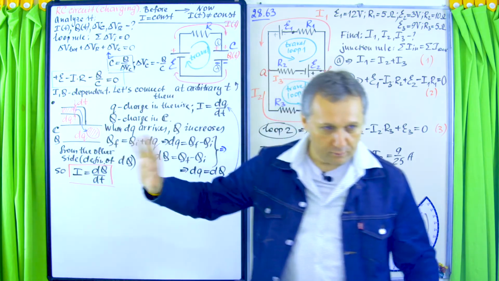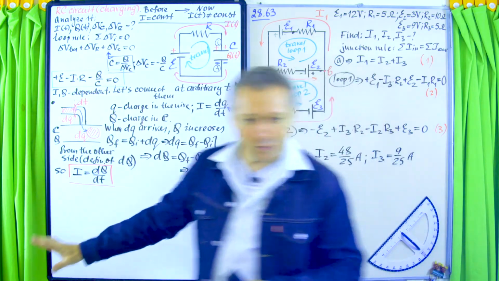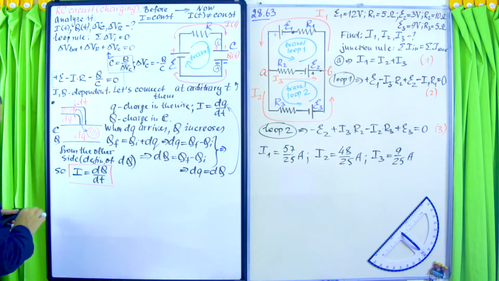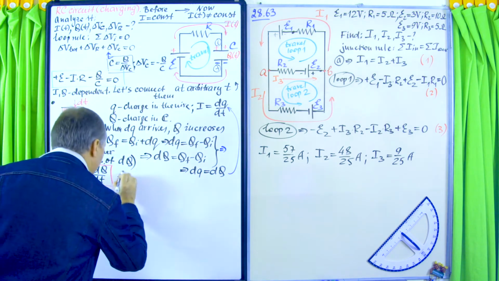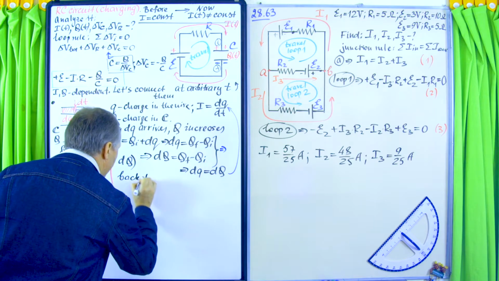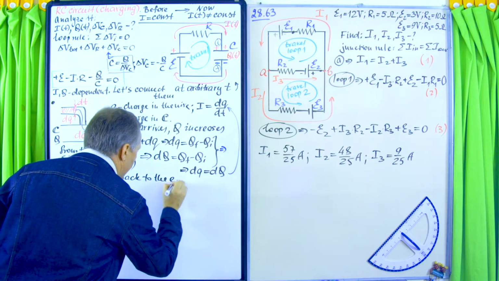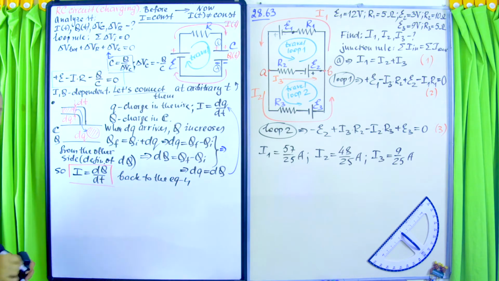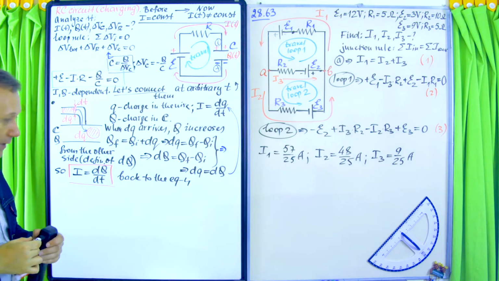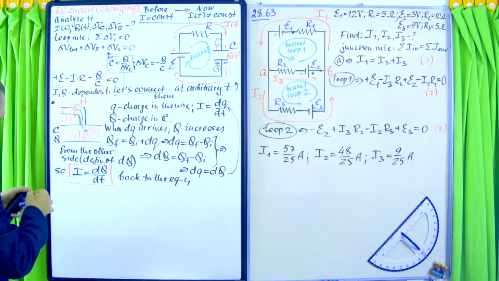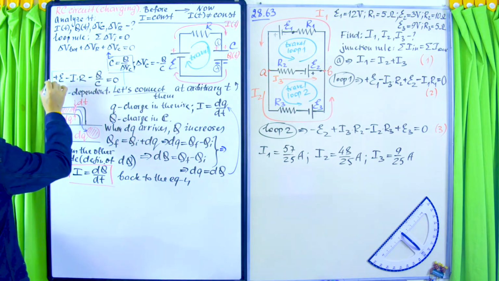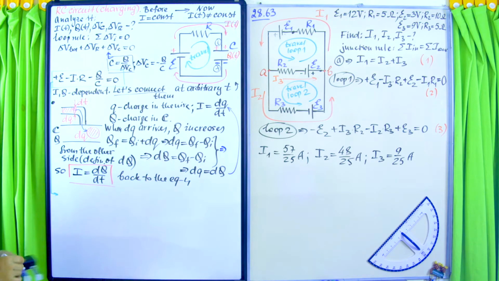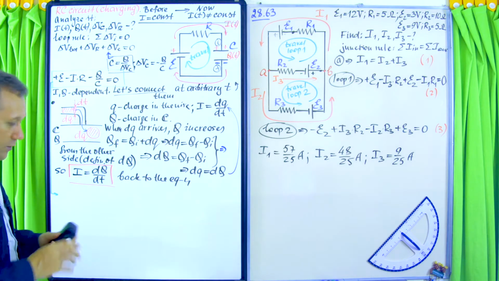So now we finished our digression. Now we need to go back to our equation. So now we managed to connect them. Now we know how I and Q are connected. So I can use this green to show we're going back to this equation.